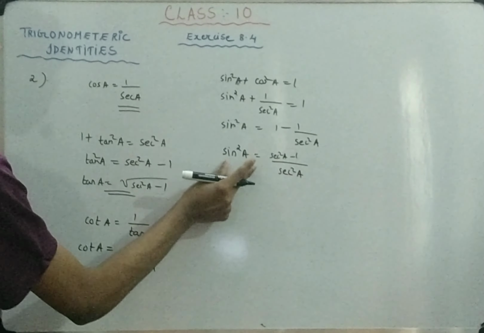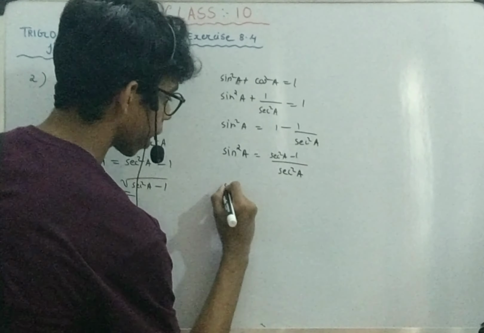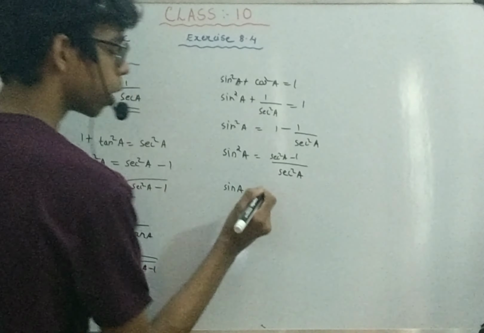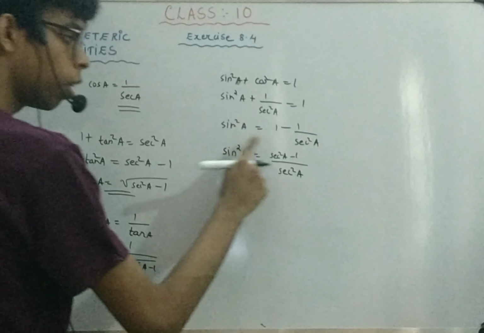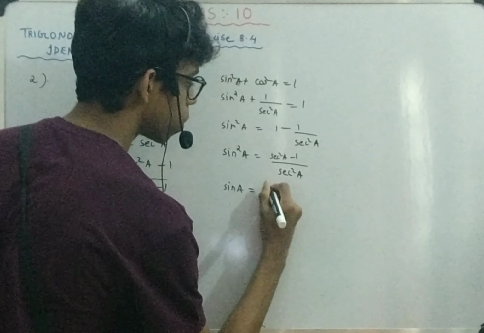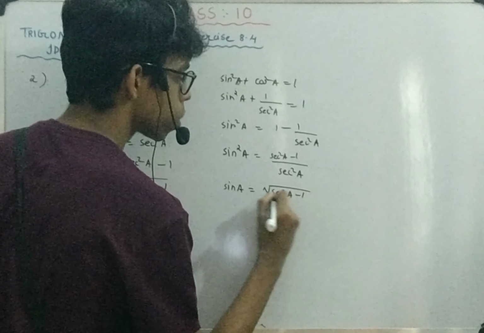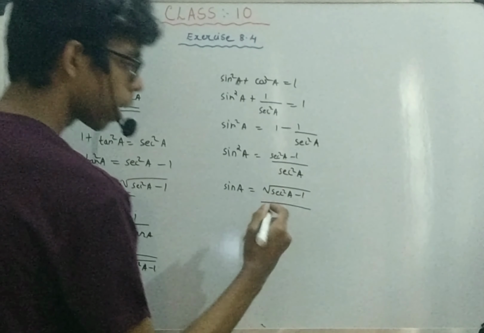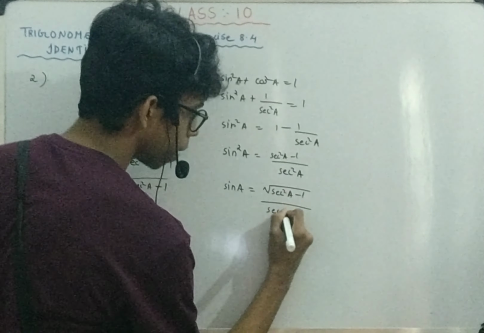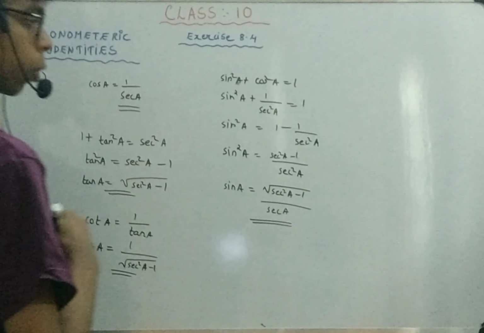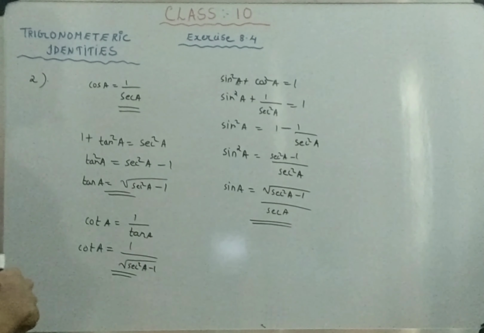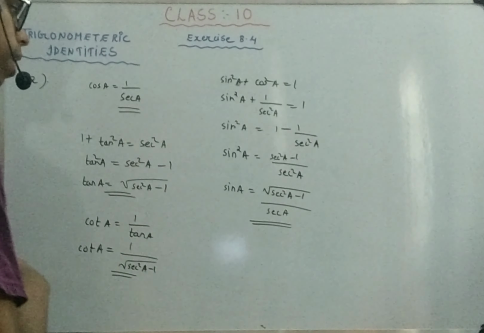Okay, നമുക്ക് വേണ്ടത് വെറും sin a ആണ്. So we can write sin a is equal to, okay, when you put a root symbol over here, root of sec square a minus 1 by root of sec square a എന്ന് പറഞ്ഞാൽ it is വെറും sec. Okay, so we will be getting sin a is equal to root of sec square a minus 1 by sec.